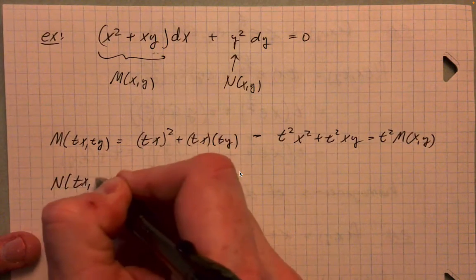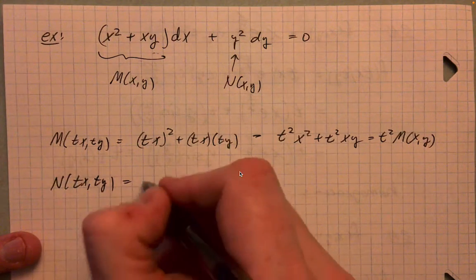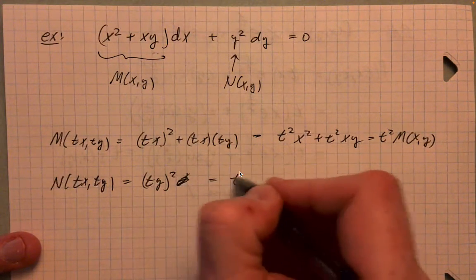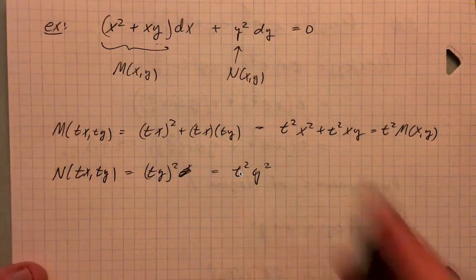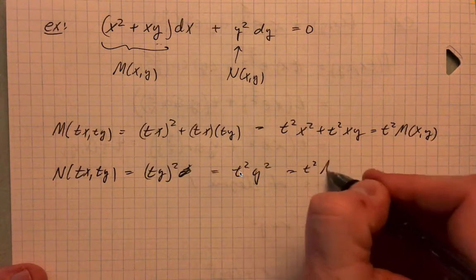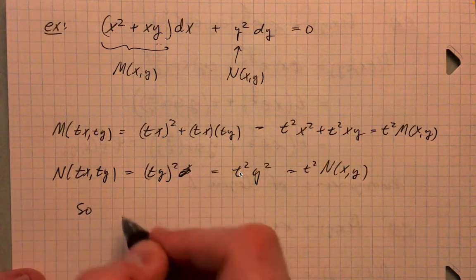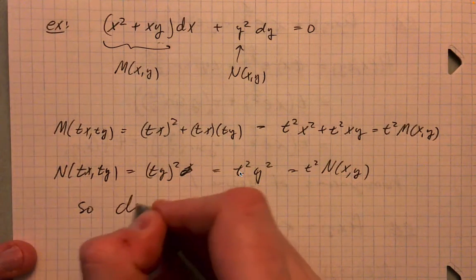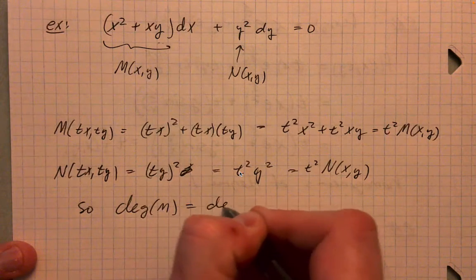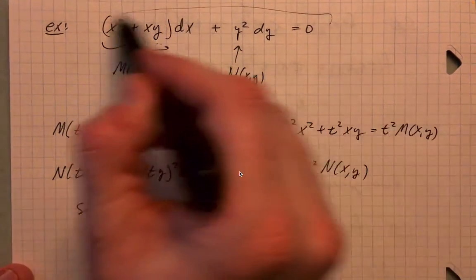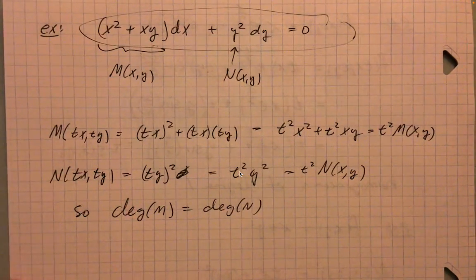N of tx, ty will be ty squared, which is t squared y squared, which is t squared n of xy. Okay, so degree of m equals the degree of n. Okay, so that means this is a homogeneous differential equation. This guy up here is a homogeneous differential equation.